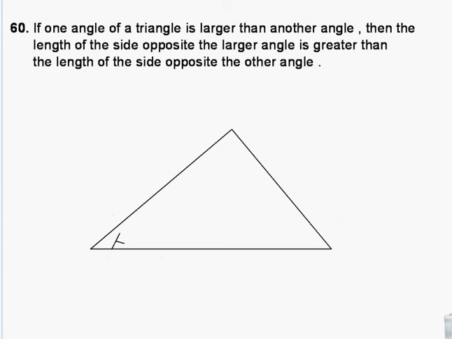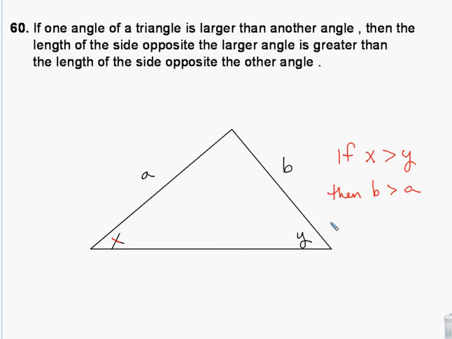Oops. So if this is x, and this is y, and this is a, and this is b, if x is greater than y, then b will be greater than a.